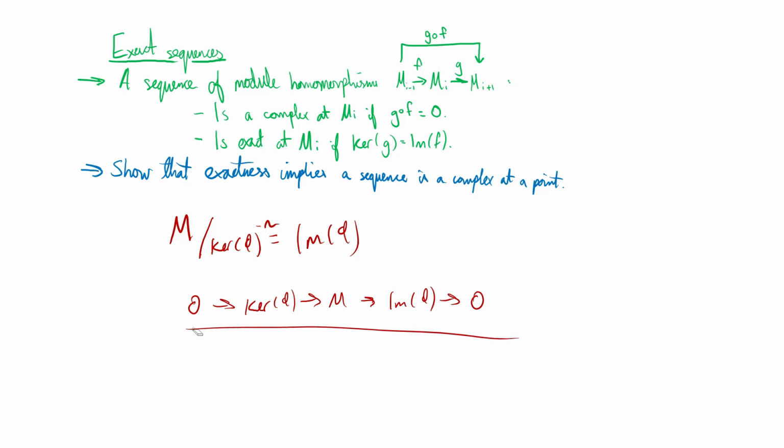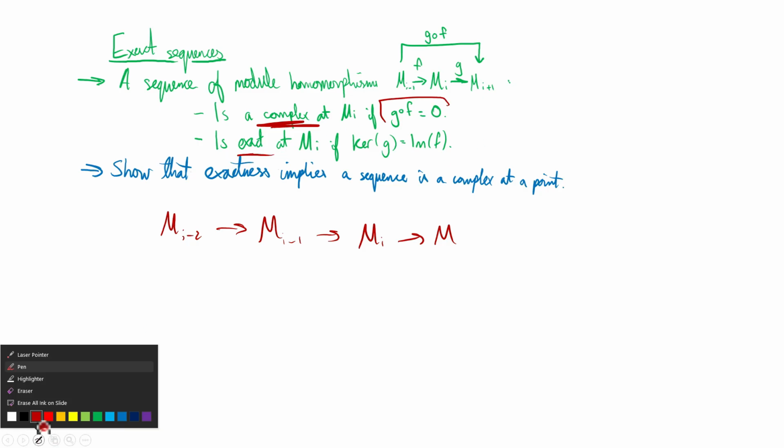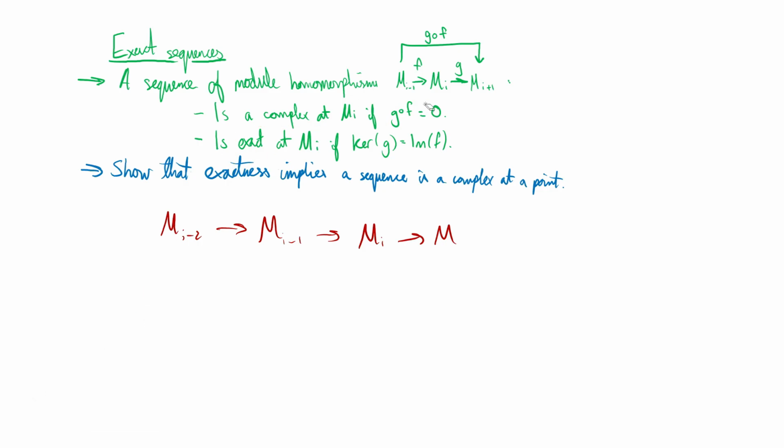Another thing is, given an exact sequence, M i minus 2 into M i minus 1 into M i into M i plus 1 into M i plus 2. The sequence is a complex if this is always the case, and it is exact if this is always the case. I should have made that clearer. Oh god, we've gone over an hour.